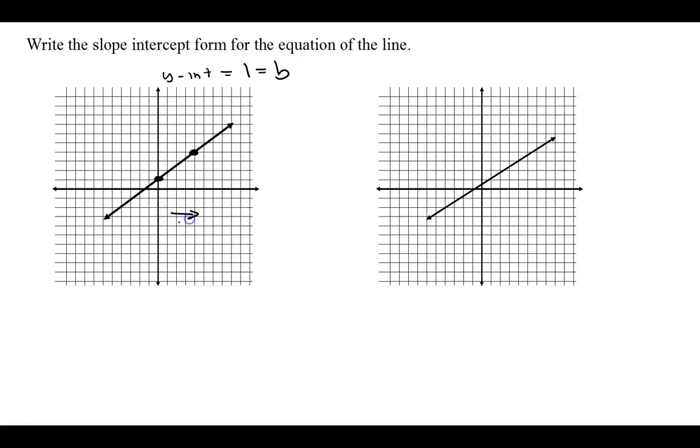The run is going to be as you go from left to right. And so what happens here is that we go from one point to the next, we go up 3 units, and then we go right 4 units.